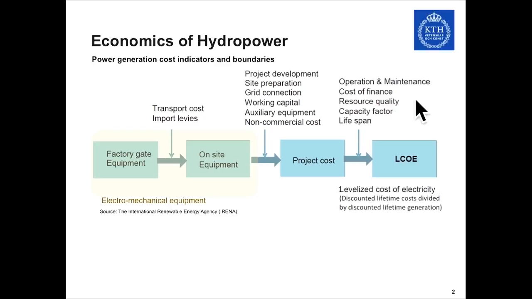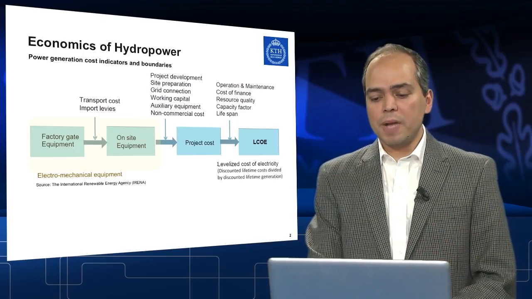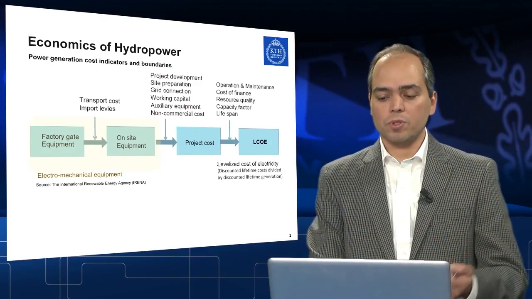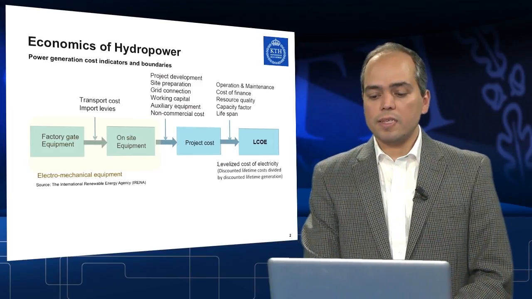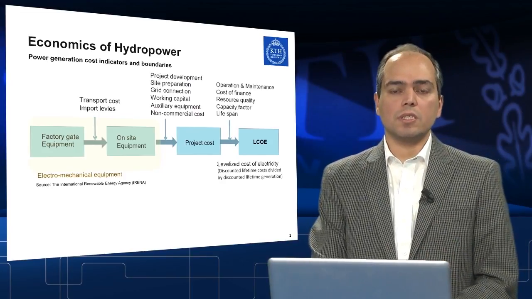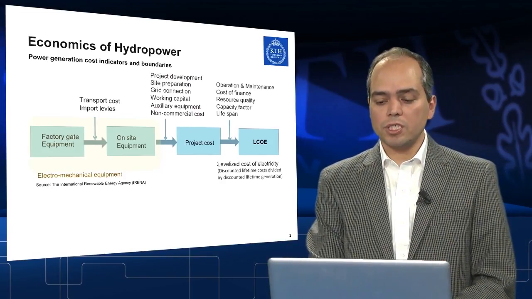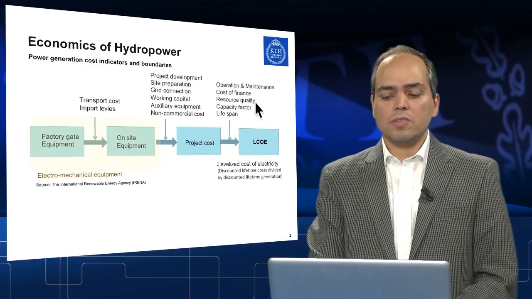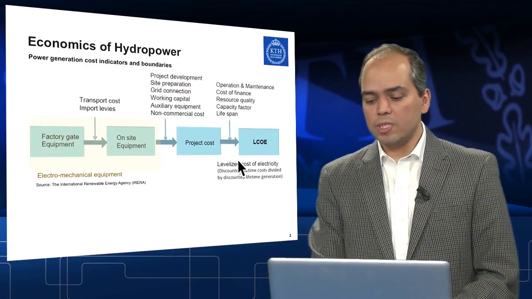And then if the project is financed by some finance administrations or banks, then it should be paid off. So this is the cost of the finance. And then the lifespan, which is also very important in the economics of the projects. So these are the running costs, we could say.